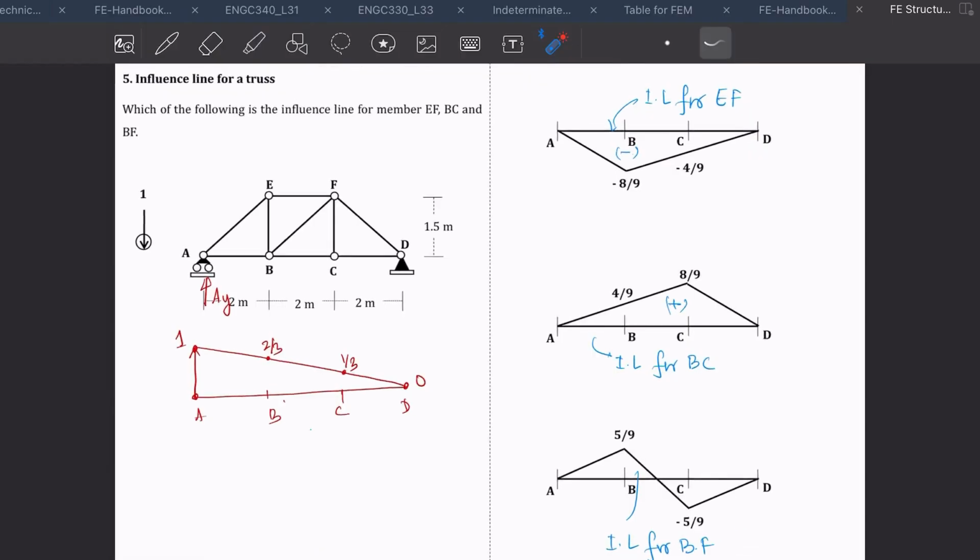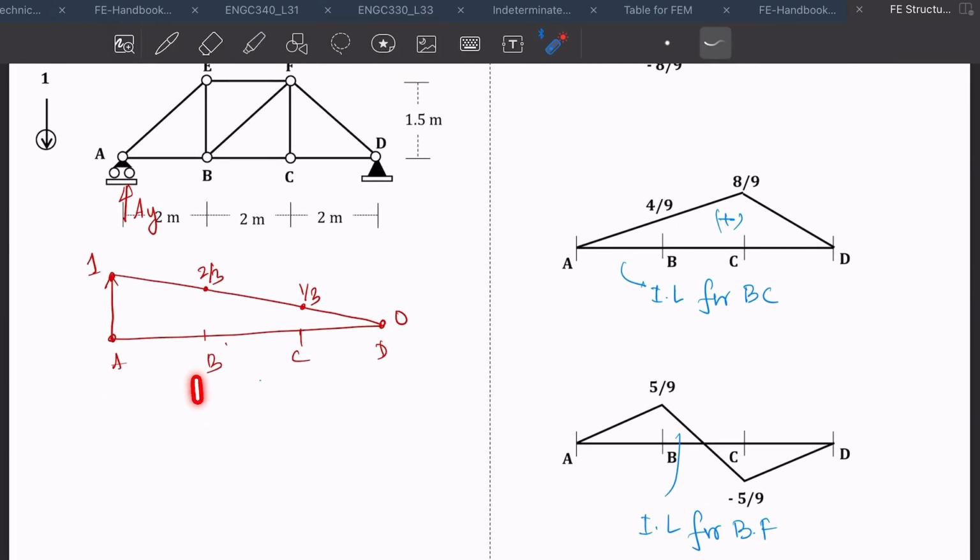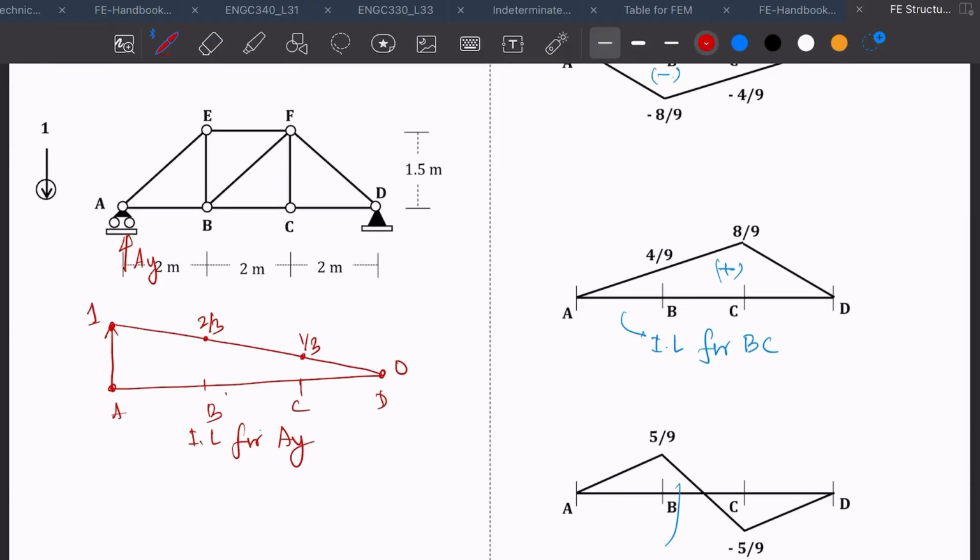Okay, so first you have to draw the influence line for AY, and then once you do that, you just need to cut the section.